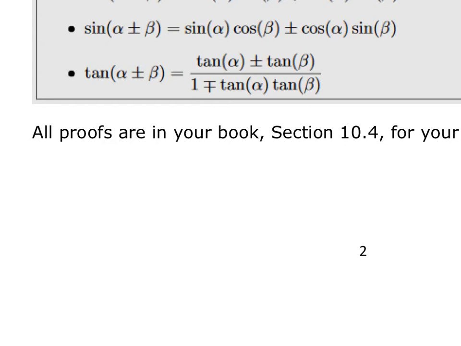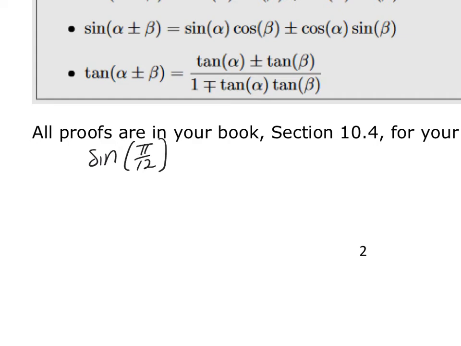So if I'm asked to evaluate the sine of pi over 12, and I want the exact answer, then I'm going to use the sum and difference identities to get pi over 12 with the angles that I know.